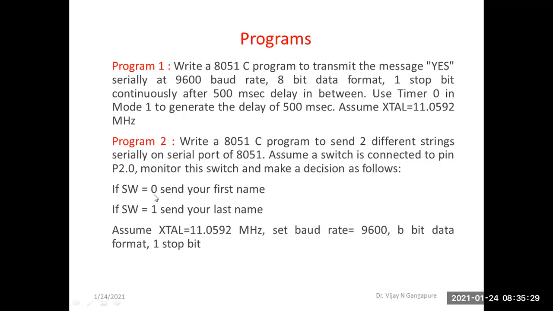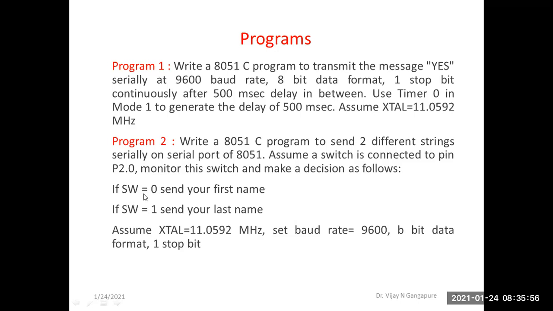If the switch is equal to 0, that means this pin 0 of port 2, which is connected to a switch named SW, is equal to 0. That switch is connected in between pin number 0 of port 2 and ground, the other terminal of the switch being connected to ground. So if that switch is closed, that pin will be connected to ground.